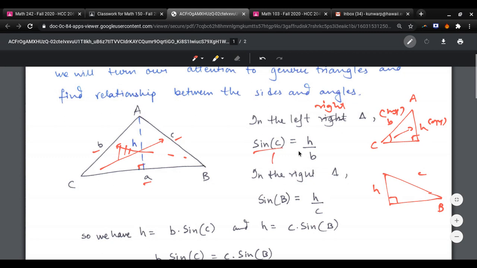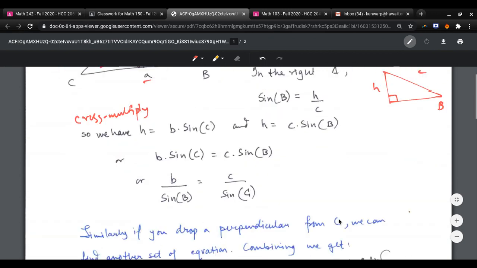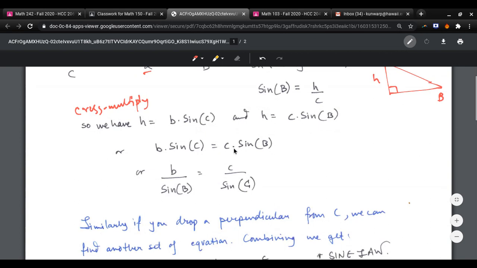Now if I cross multiply, I have H is B sine C and H is C sine B. But they have to be equal. So B sine C equals C sine B. Or, you can think of it as the opposite of cross multiplication, and the opposite of cross multiplication yields this result: B over sine B is C over sine C. So you can see this is kind of symmetric.